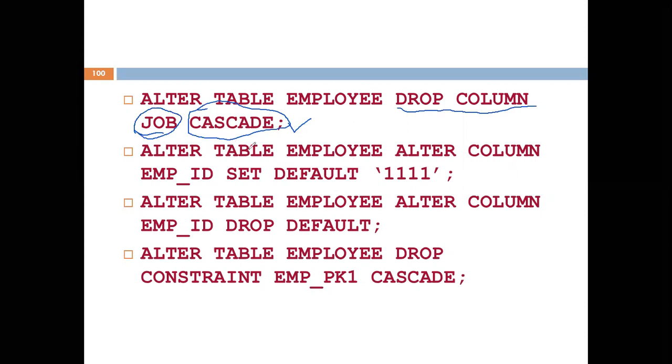Next one, alter table employee, alter column. Suppose I want to change something in the column itself. One such is set default. So if employee ID is not entered by the user, then I want to provide a default value. So 111 default value will be given to employee ID.